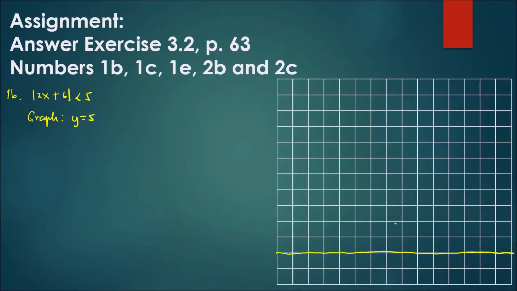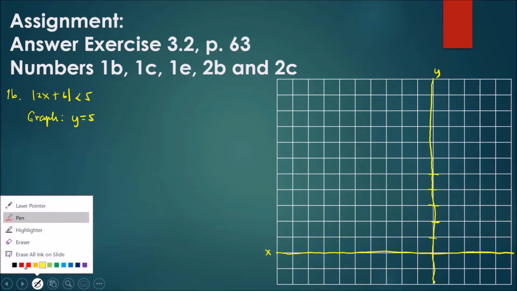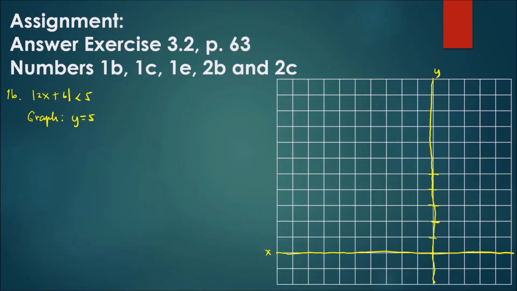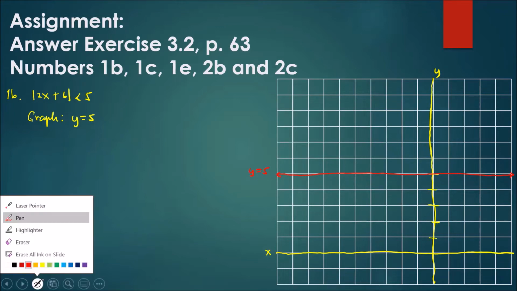Let this be our x-axis and this be our y-axis. So y is equal to 5 would be 1, 2, 3, 4, 5. So that would be here. Let this line be equal to y is equal to 5.